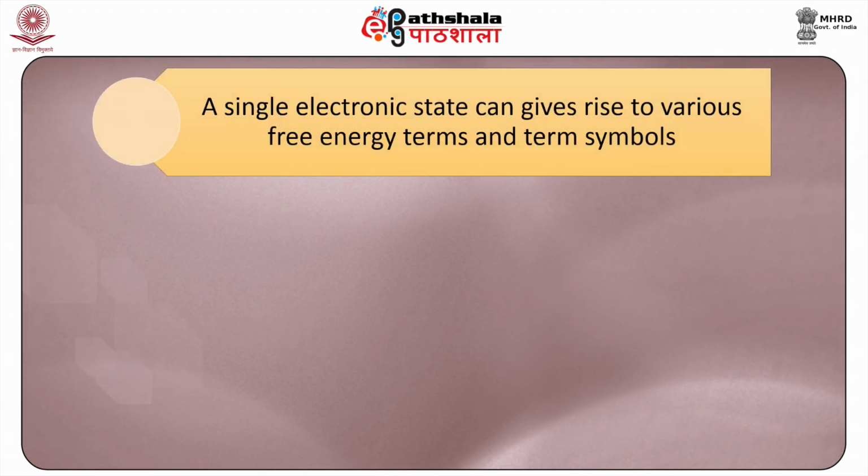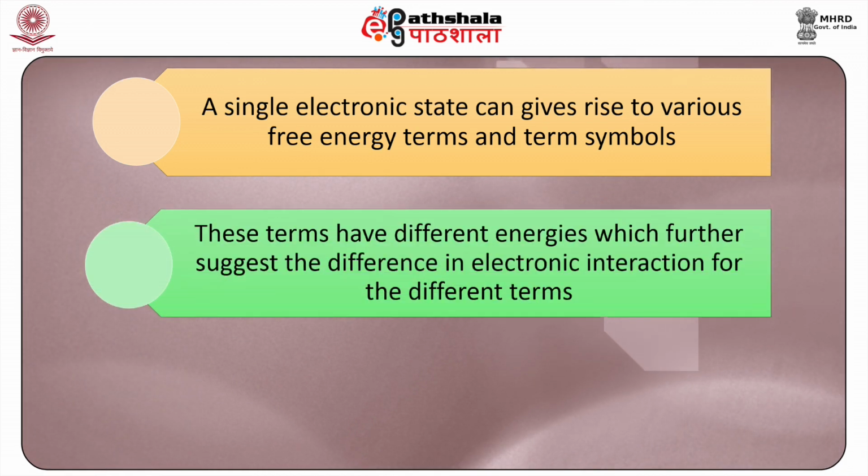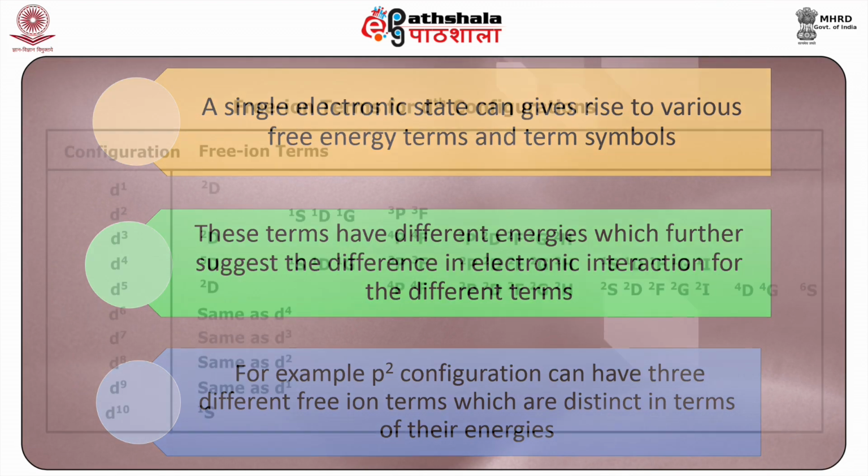A single electronic state can give rise to various free ion terms and term symbols. These terms have different energies, which suggests the difference in electronic interaction for the different terms. For example, the p2 configuration can have three different free ion terms which are distinct in terms of their energies.